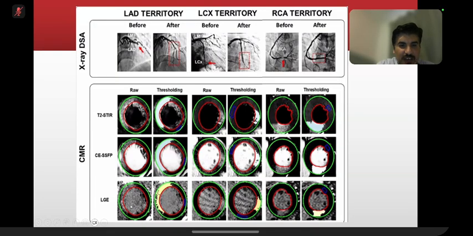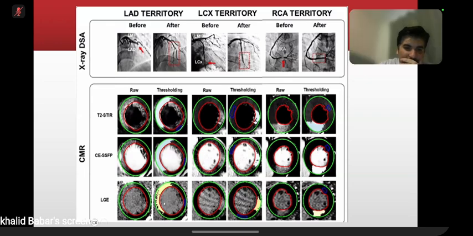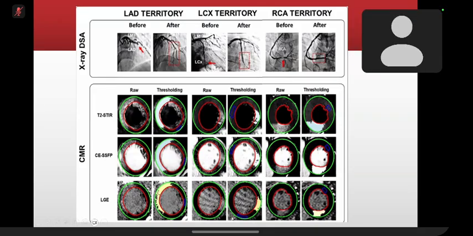Here you can see enhancement in which area? This is the territory of the left anterior descending coronary artery, because it is involving the septum as well as the anterior portion. Good. And what about this?